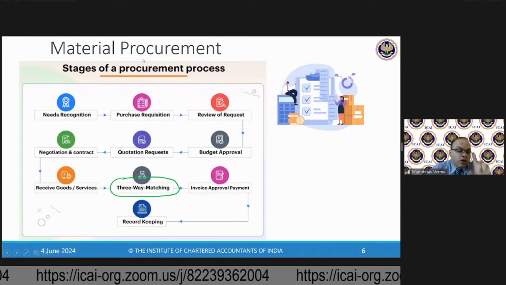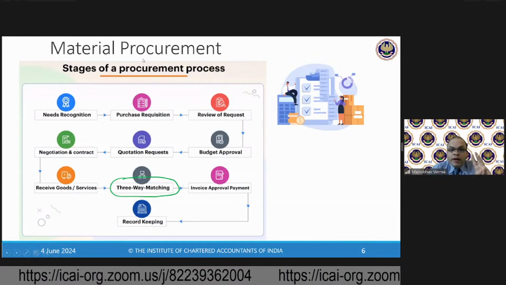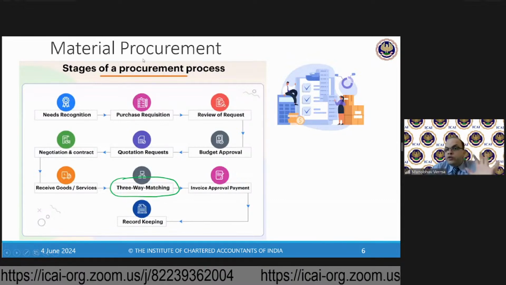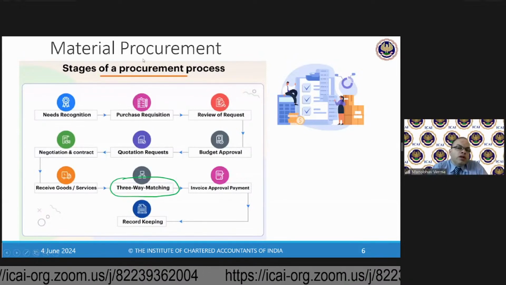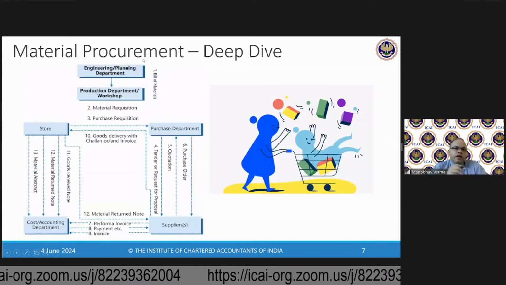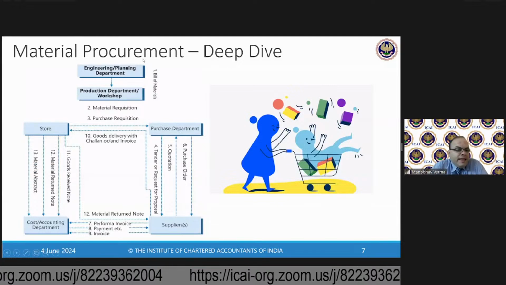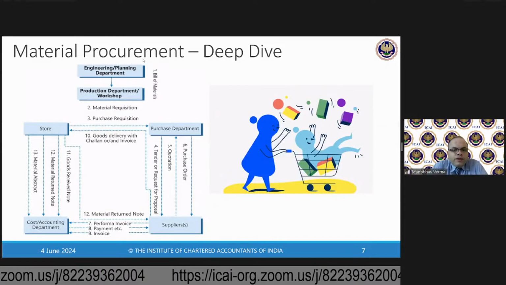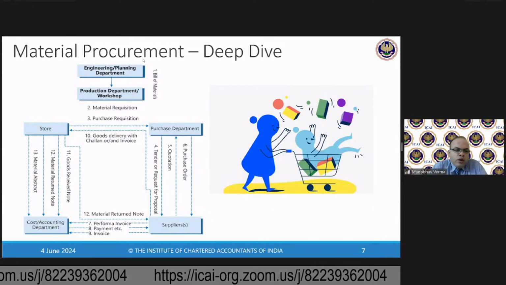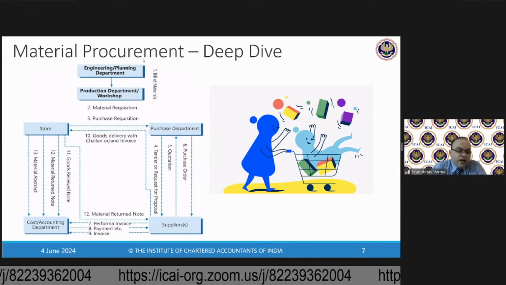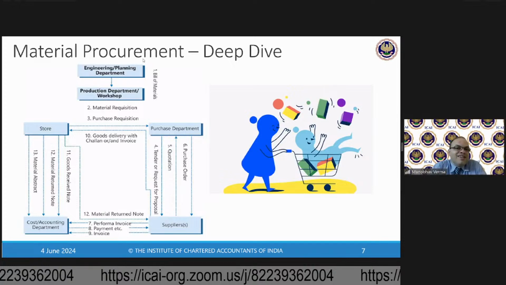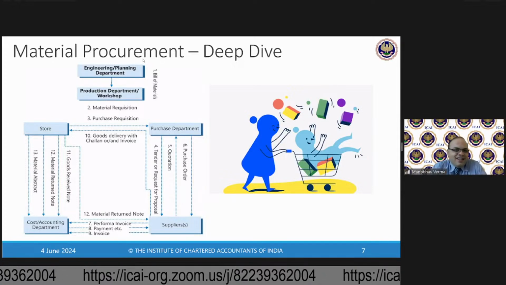We talk about control at three levels: procurement, storage, and usage. Now, when we talk about the procurement, you can see a lot of numbers which involve documents here. And we discussed earlier that one of the important objectives was standardized forms, right?